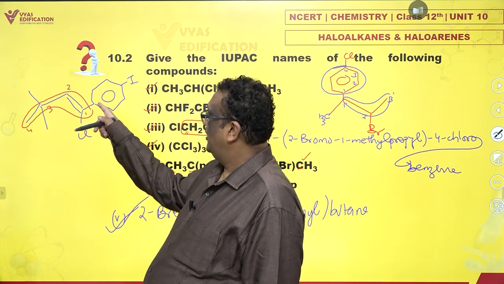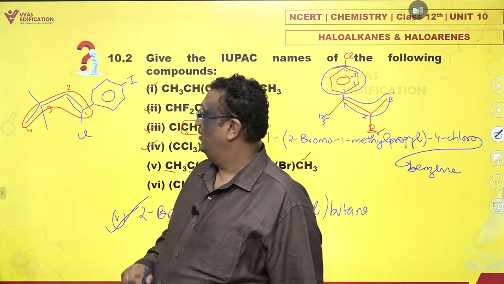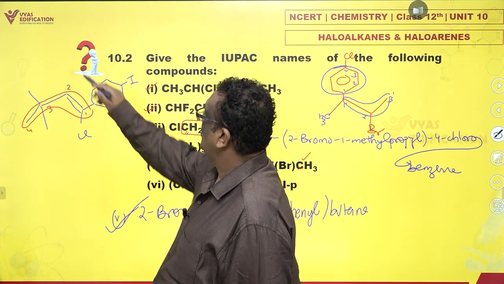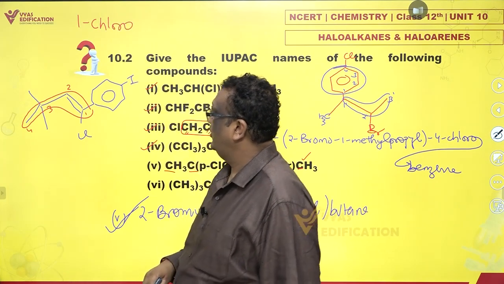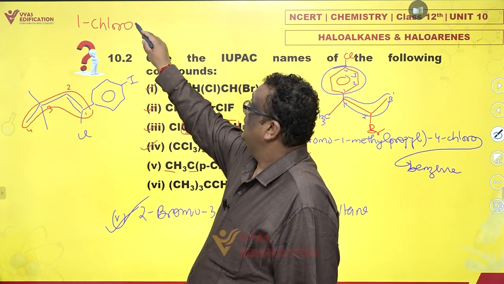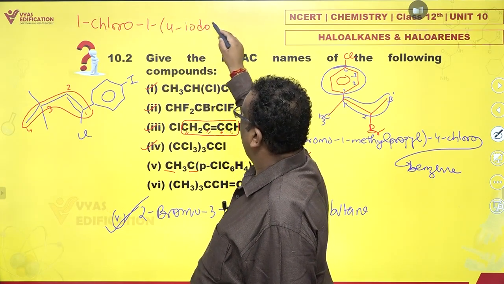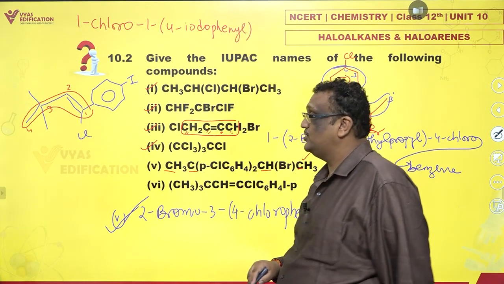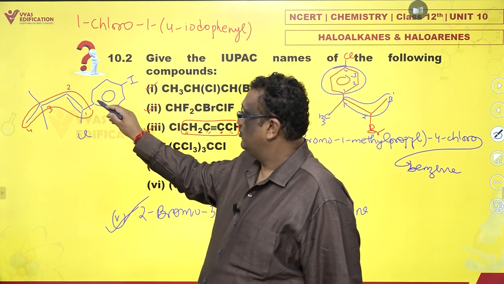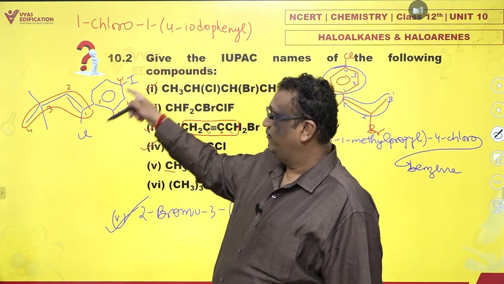Then iodophenyl and methyl. So I'll name it as 1 chloro. Fine. And then this is 1 4 iodophenyl. Very much, this is 1 dash, 2 dash, 3 dash, 4 dash. That is why 4 iodophenyl.